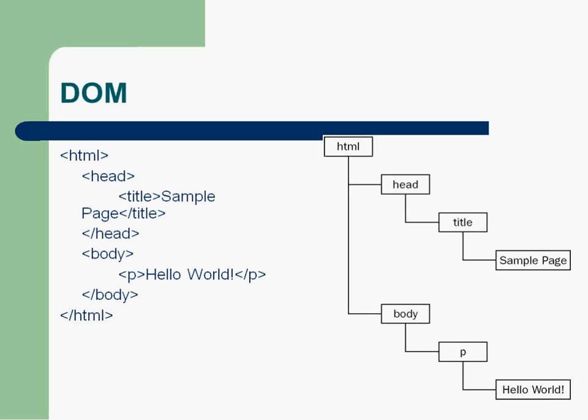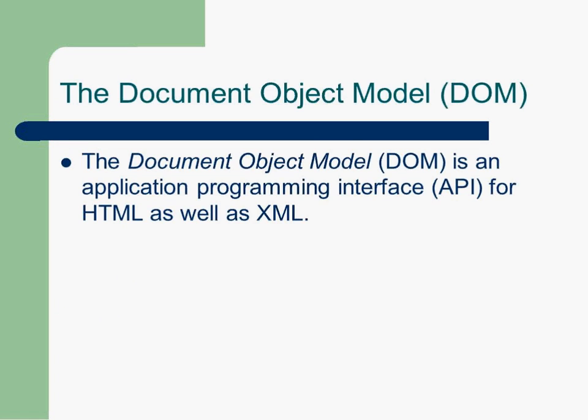So when the browser receives this kind of HTML, it parses it, then converts it internally into an in-memory structure like this. That is called the Document Object Model. And the DOM provides you an API to access the DOM, and you can read and modify it from JavaScript.